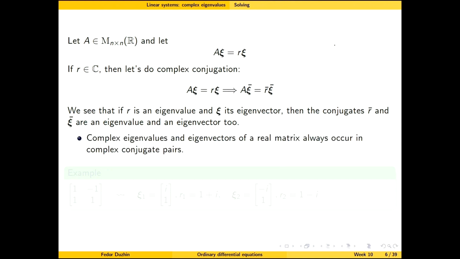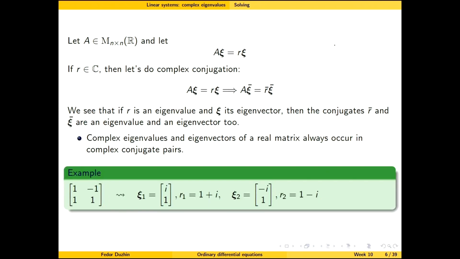So here is a very simple example of a matrix with complex eigenvalues and eigenvectors. As you see, there are two eigenvalues and they are complex conjugates of one another, which means that the real part is the same, but the imaginary parts are the negatives of each other. The same thing happens with the eigenvector.